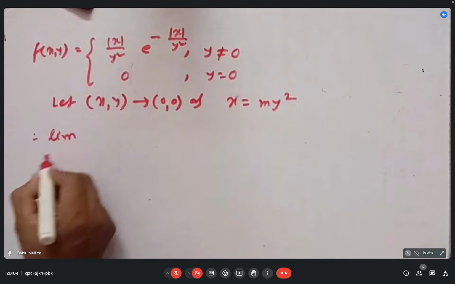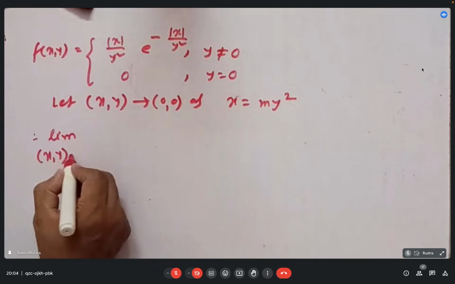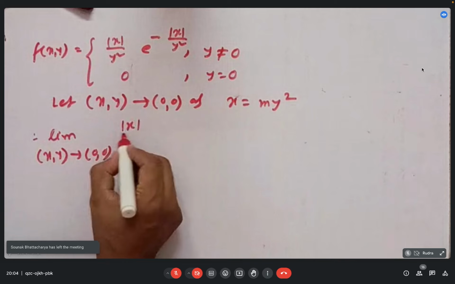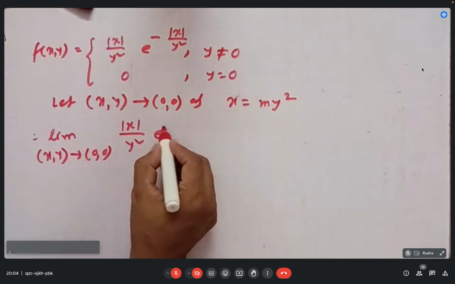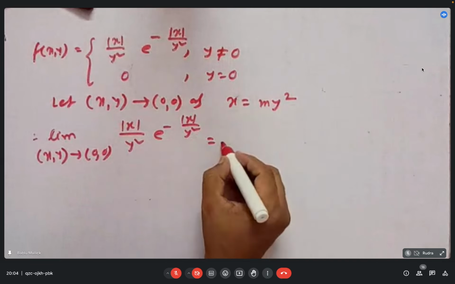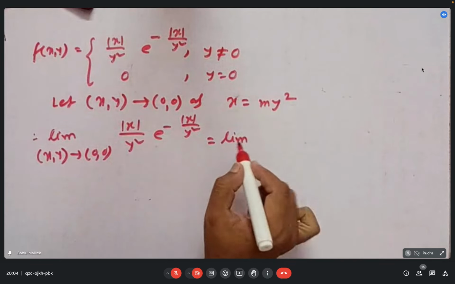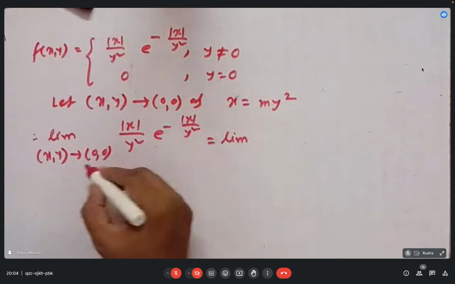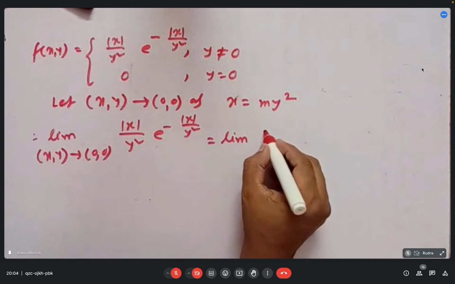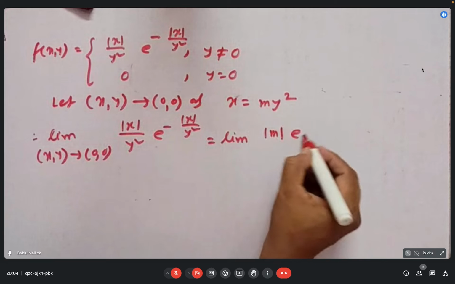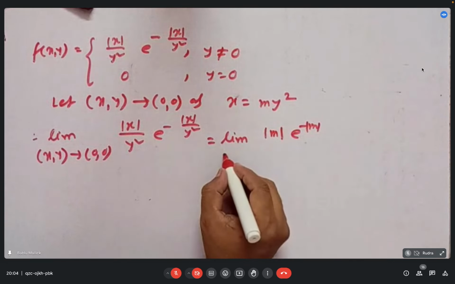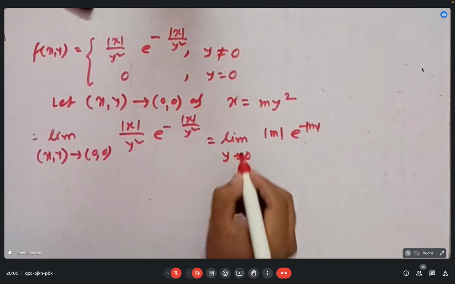Then limit (x, y) tends to (0, 0) of mod x by y square e to the power minus mod x by y square is equal to, with x equal to m y square, modulus of m e to the power minus modulus of m, as y tends to 0.